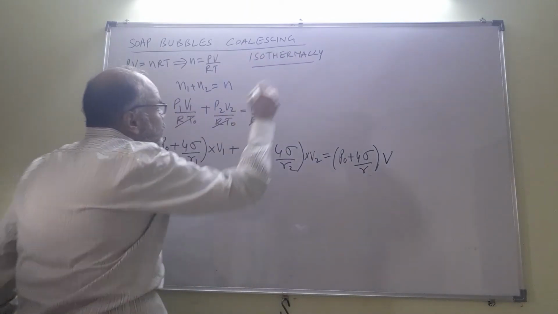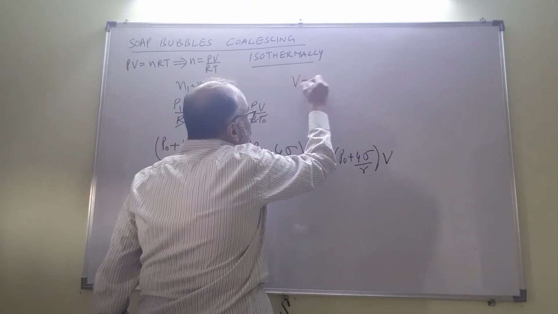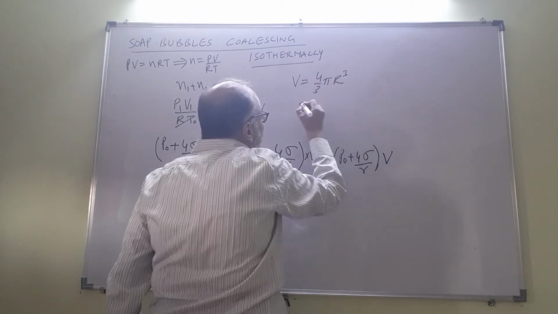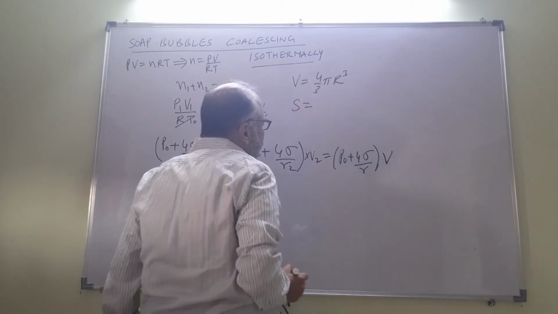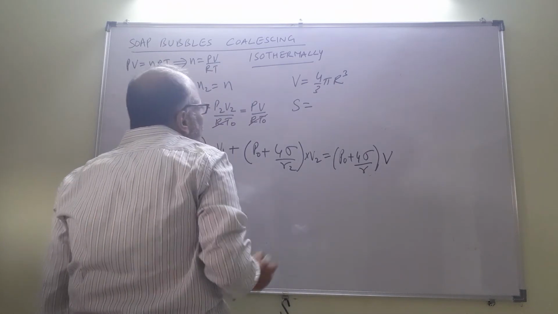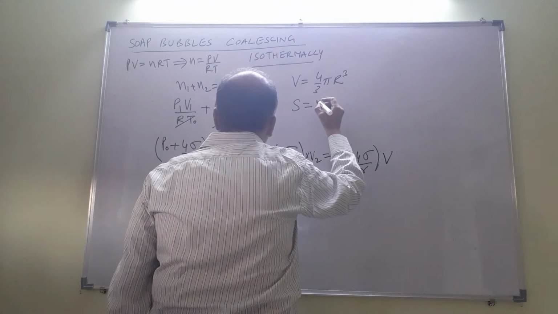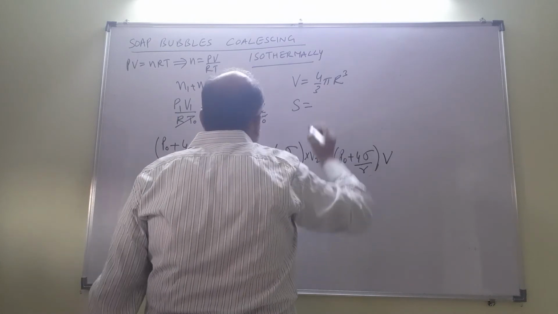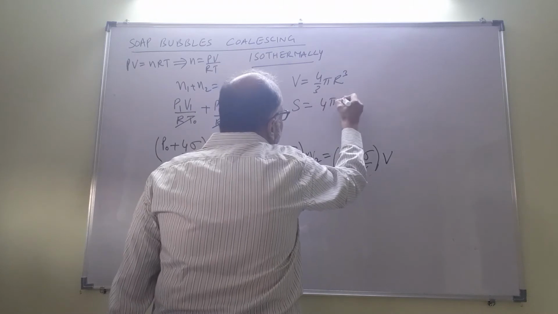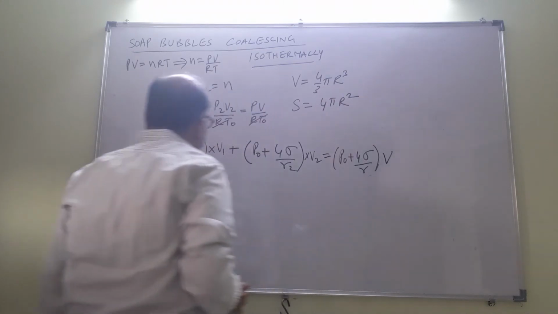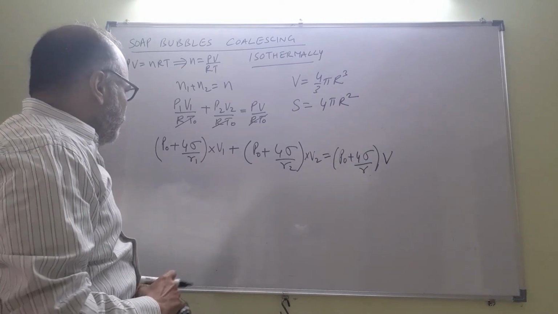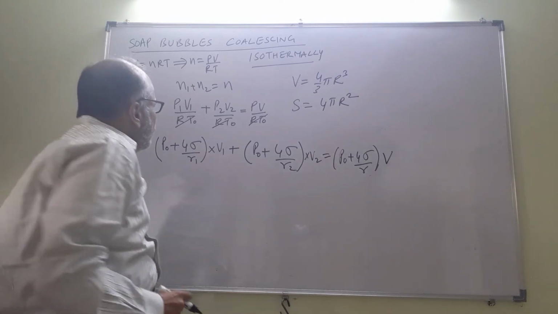Let us see that the volume of a sphere is 4 by 3 pi r cube, and the surface area S of a sphere is 4 pi r squared.